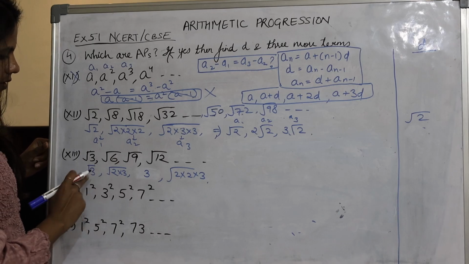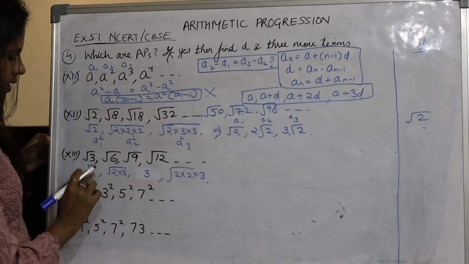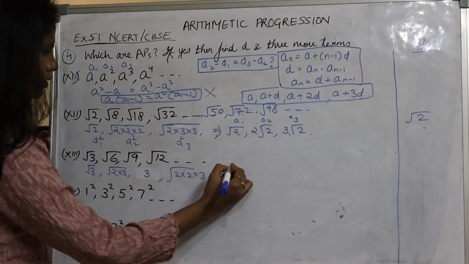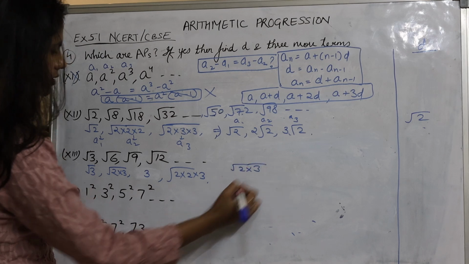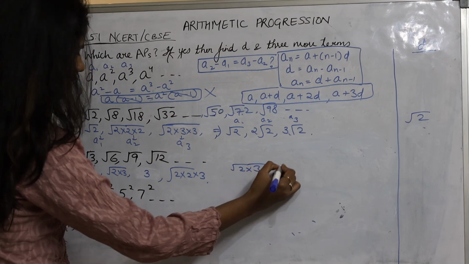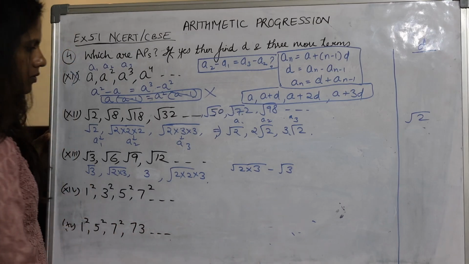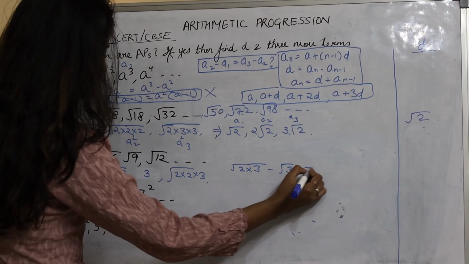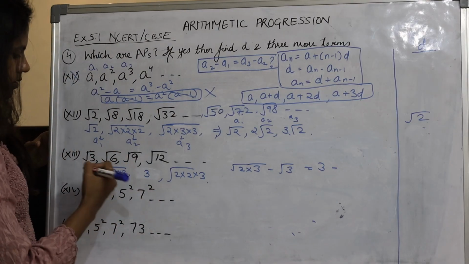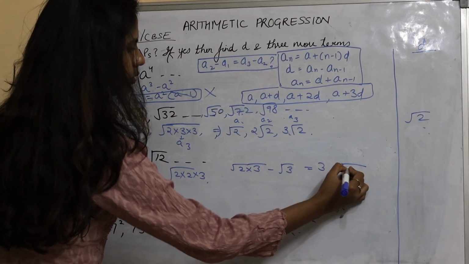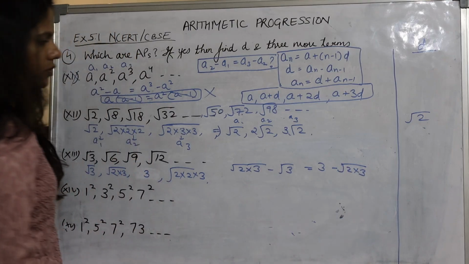So let's figure out. This is a2 minus a1. So under root 2 into 3, this is whole under root, minus under root 3, is equal to 3 minus under root 2 into 3.